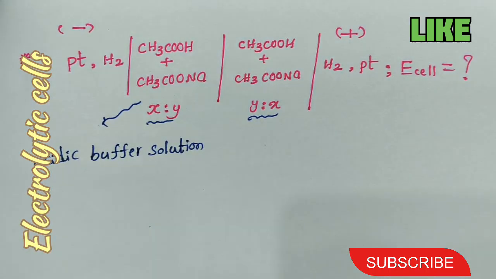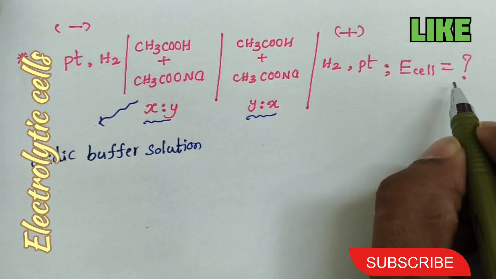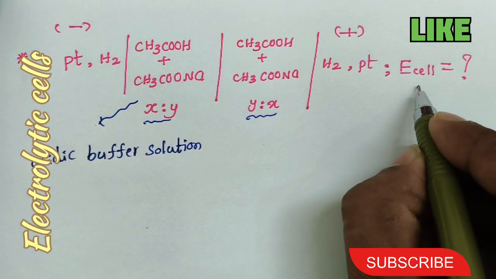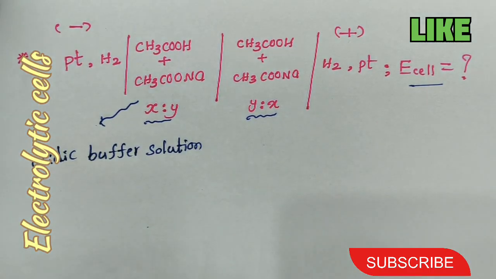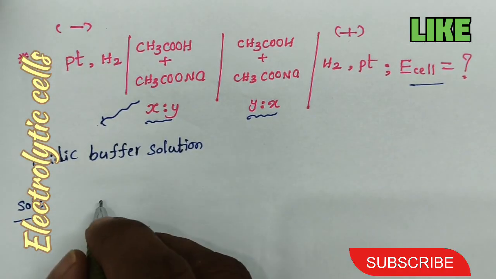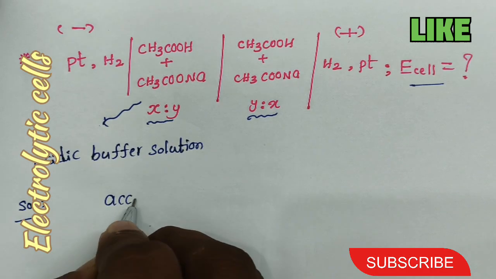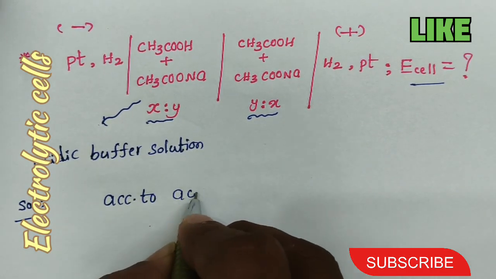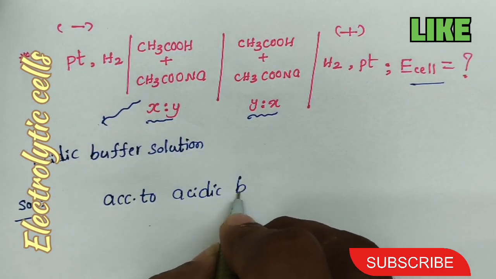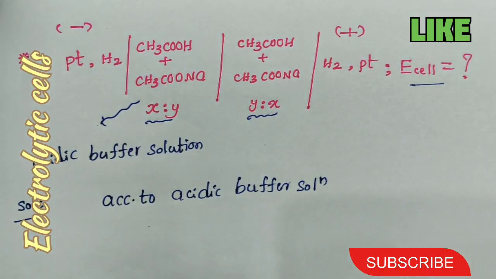Buffer solution, that is, which kind of buffer solution? An acidic buffer solution. So if an acidic buffer solution is introduced in an electrochemical cell, how to solve that? E cell, what is he asking? Finally we have to calculate E cell of the given reaction. So now coming to the calculation of E cell, according to the acidic buffer solution, generally we know that the formula is in Ka relations.